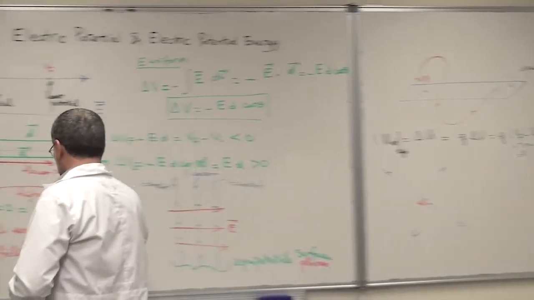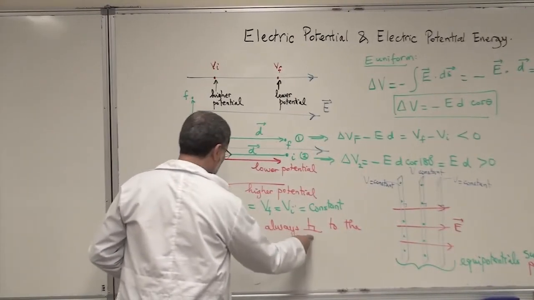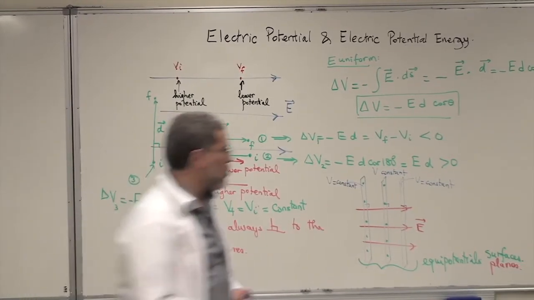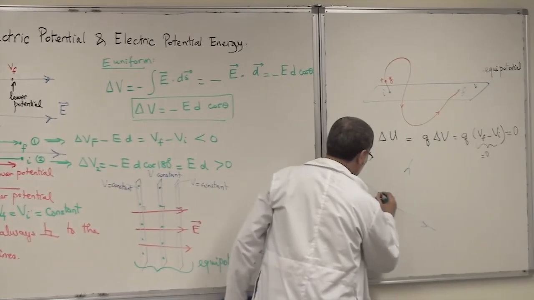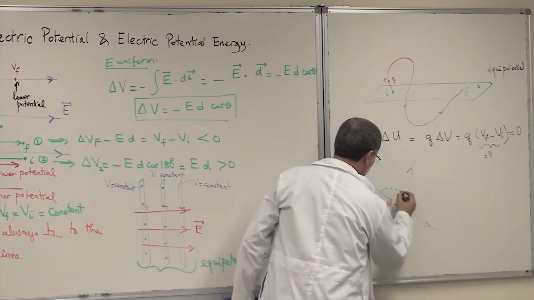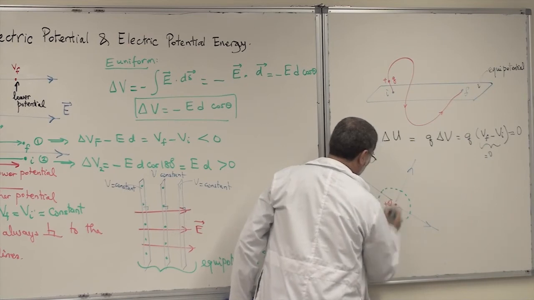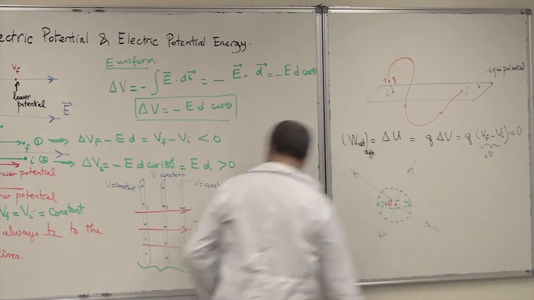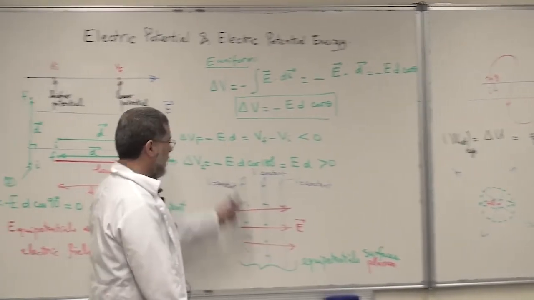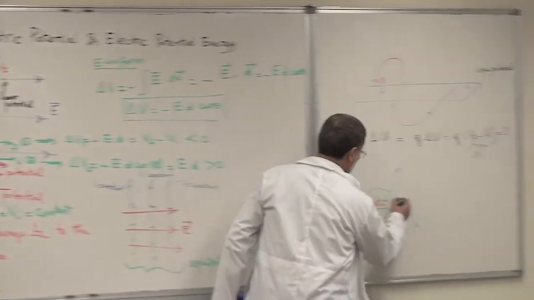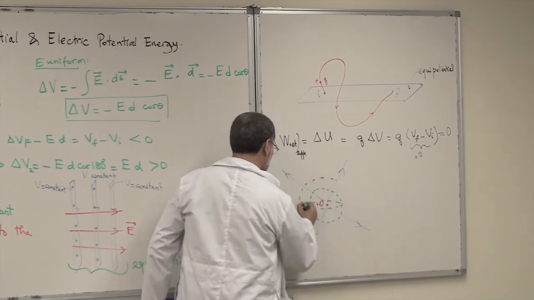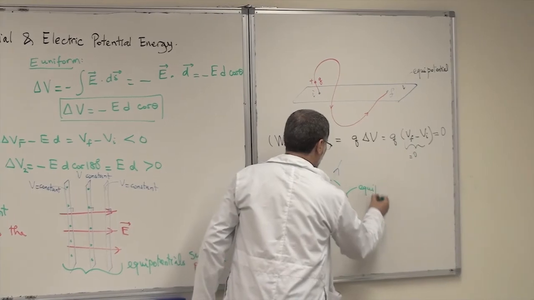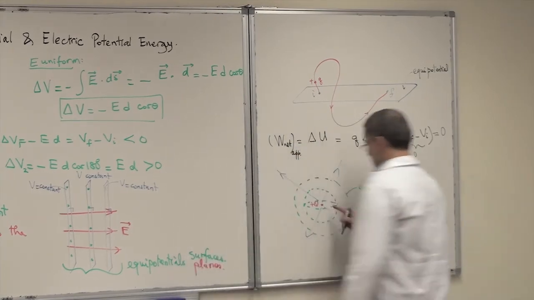We said that the equipotentials are always perpendicular to the electric field lines, so I have to draw them in this manner. You can imagine what these equipotentials are. They are not surfaces or planes like in the previous case. They are spheres. Another equipotential will be this one here, another sphere. So these are the equipotentials for a positive point charge.